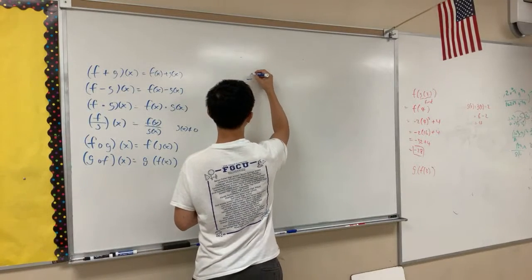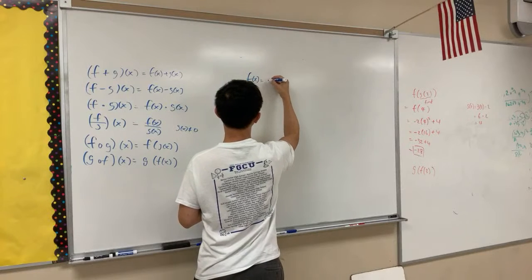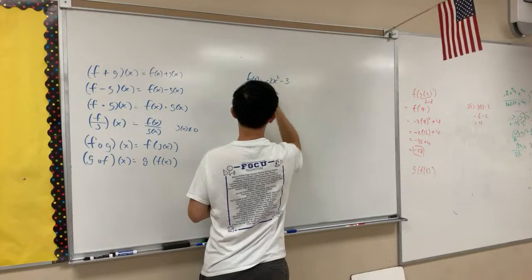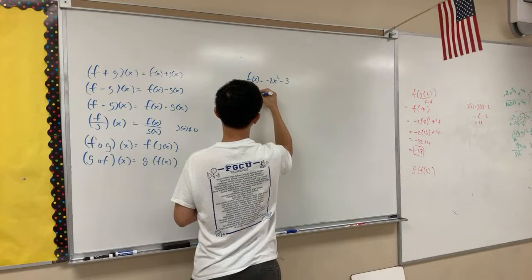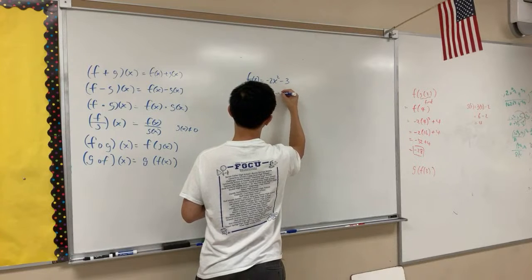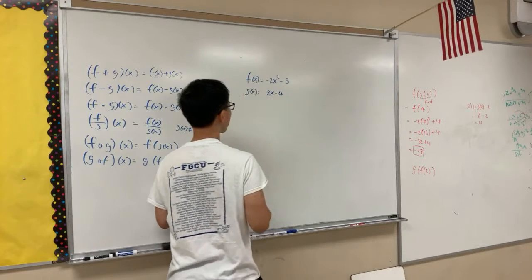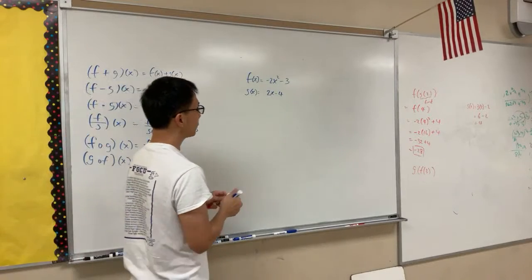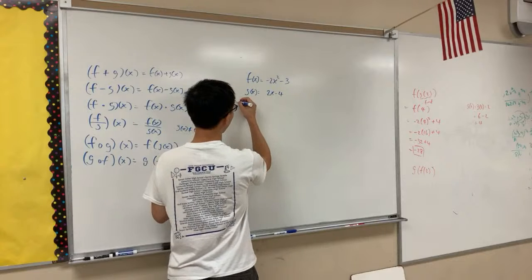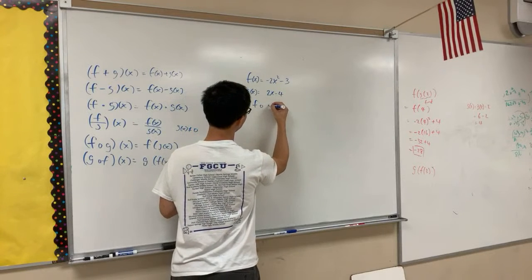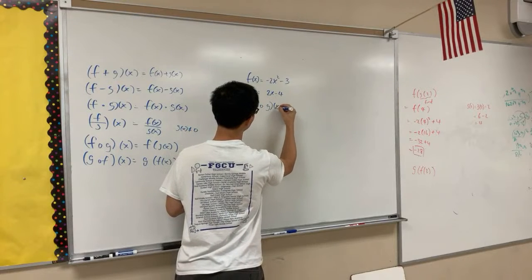So f of x is equal to, let's say, negative 2x squared minus 3, and g of x is equal to, say, 2x minus 4, something like this. So if I say, can you find f of g of x?